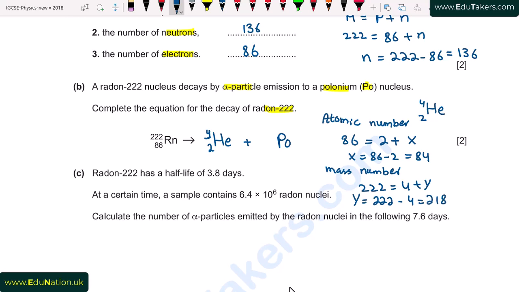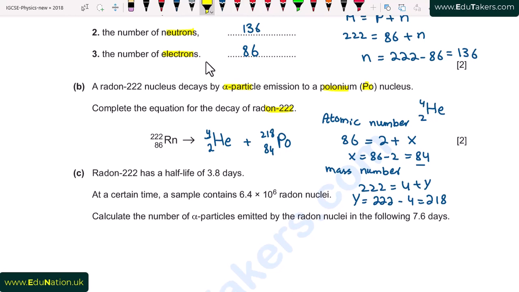So I write here mass number is 218 while the atomic number is 84. When we check the atomic number and mass number on both sides of the arrow, they are equal. It means that it is a complete decay for radon-222 into polonium with the emission of alpha particle.